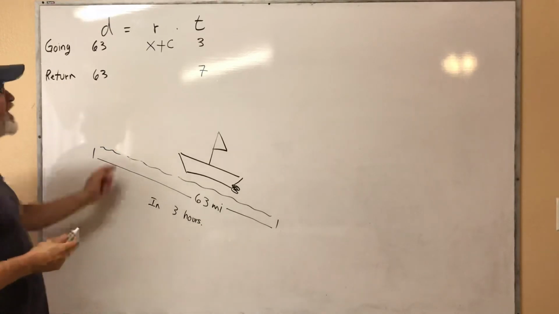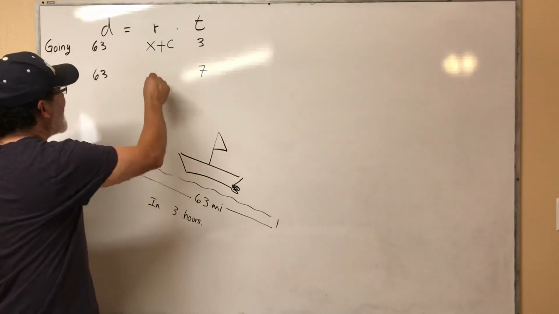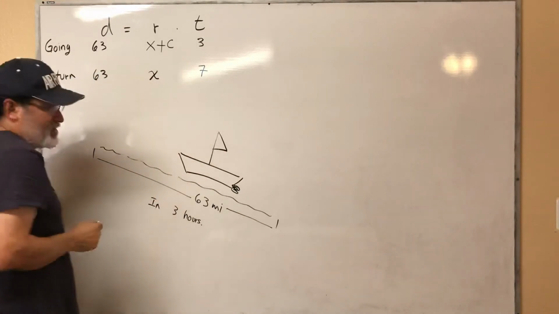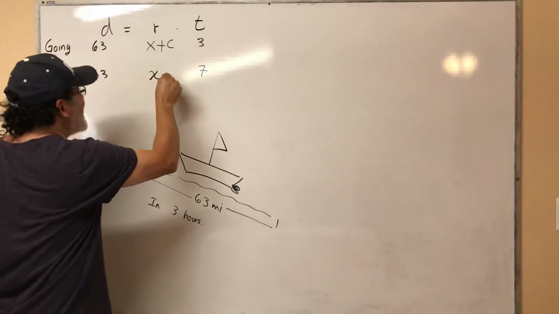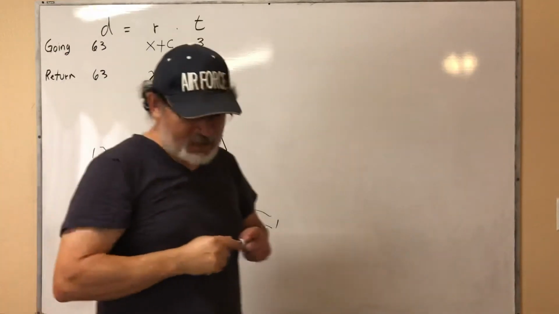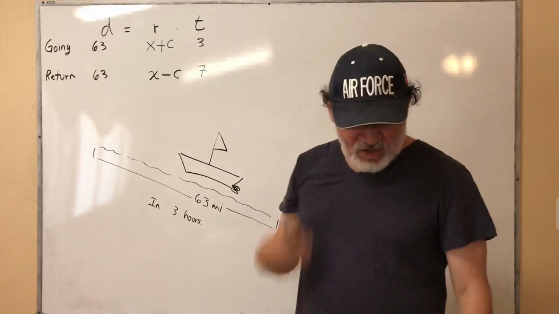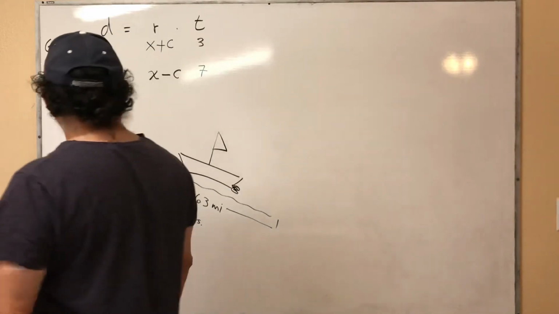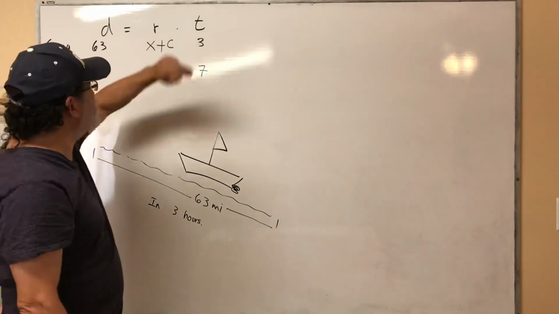But now the speed is going to be X. It's the same speed as the boat, right? But now minus C, because now it's going against the current. Correct? And so now we're going to use this formula, distance equals rate times time.